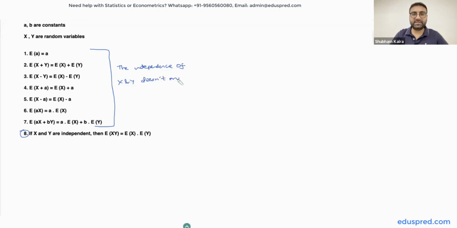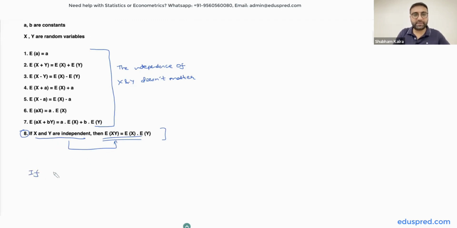The first 7 properties are not going to be affected by whether x and y are independent or dependent. However, the 8th property is actually related to the independence of x and y. So the 8th property is going to hold when x and y are independent. Let's talk about this property in a bit more detailed manner.